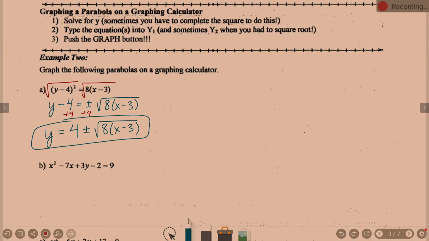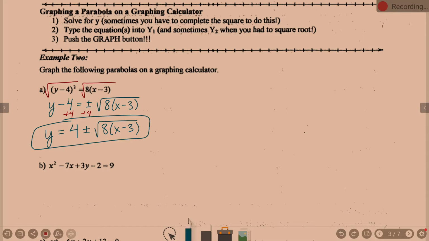Now, what's the catch to graphing this? Where's your plus or minus button on your calculator? We don't have one, do we? So when you go to type this in your calculator, realize you're typing in two equations, and that was a hint given up top.